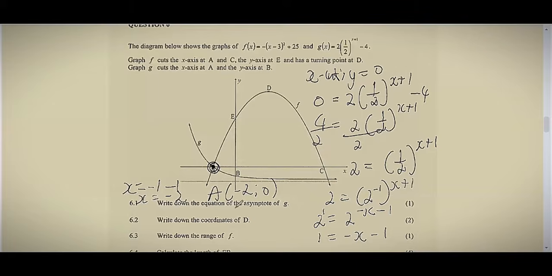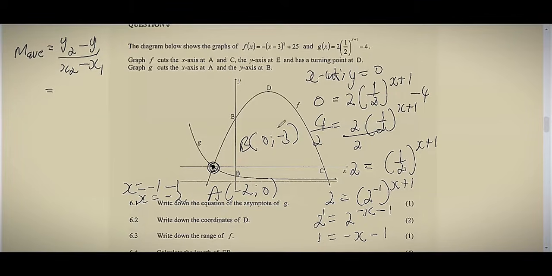But then remember, when we were calculating the length of EB, we did calculate the values for B, right? We found that the coordinates of B were 0, negative 3. Now that means if we have this coordinate, we can now calculate the average gradient. To calculate the average gradient, you simply need to say y2 minus y1 over x2 minus x1. So we use the gradient formula.